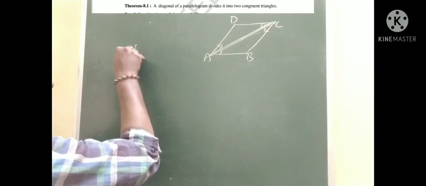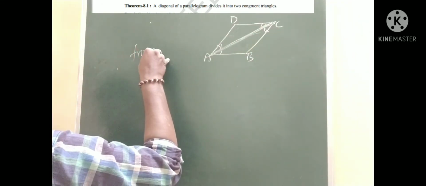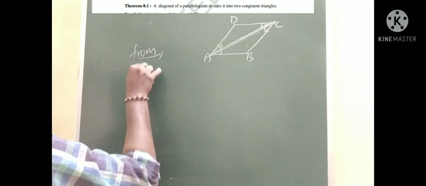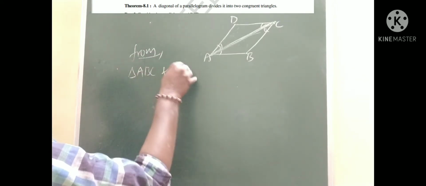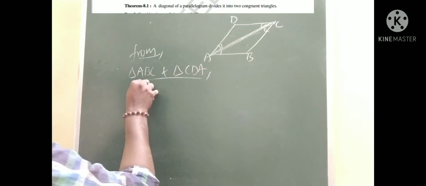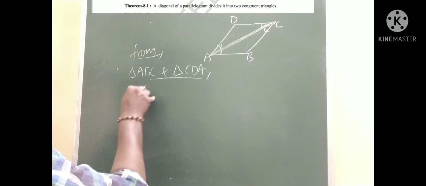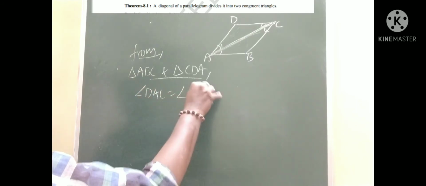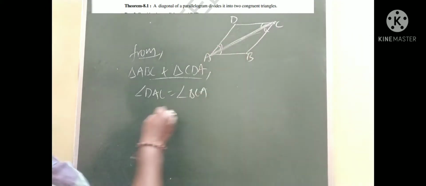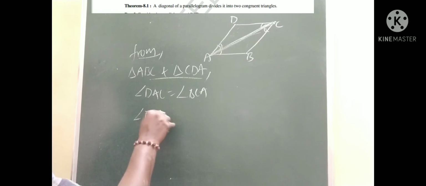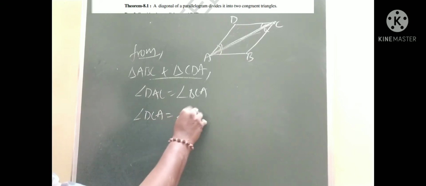Let me write again. From triangle ABC and triangle CDA, what have we shown? We have shown angle DAC is equal to angle BCA. This angle is equal to this angle. Then angle DCA is equal to angle BAC.